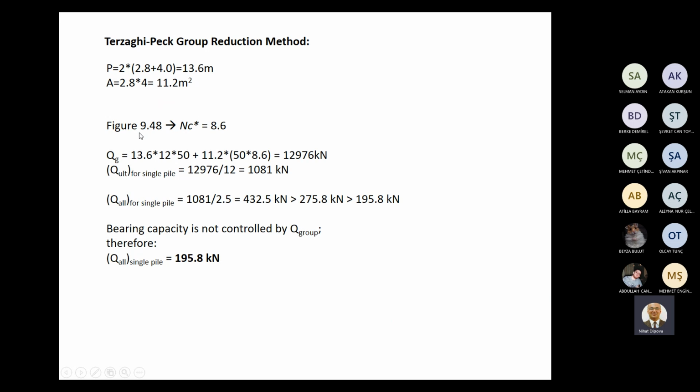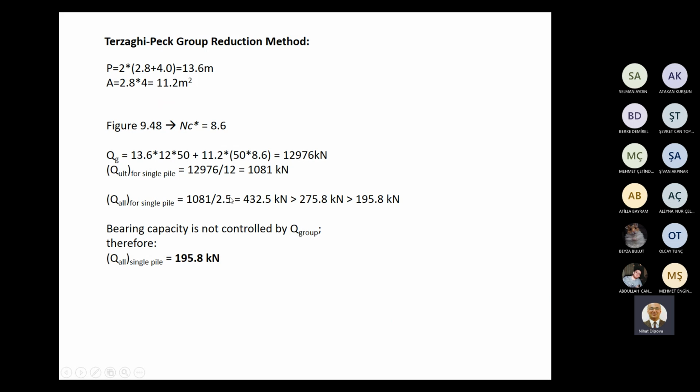This comes from figure 9.48, and it's 8.6. Just putting into the equation, the ultimate capacity for single piles is 1081.